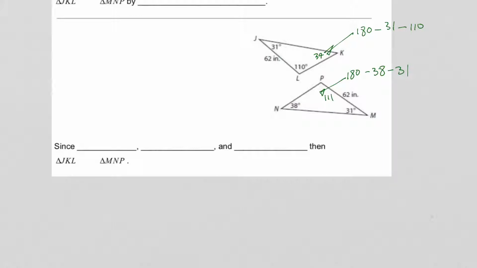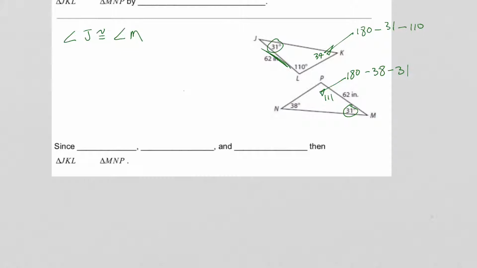And now we're going to try to figure out, do we have any of the conditions for the angle-side-angle theorem? Hopefully it's obvious to you that the corresponding parts are going to be different because the angles are different. We've got one congruent angle. Angle J is going to be congruent to angle M. That's one condition, but if we use this side, that's actually a second condition.